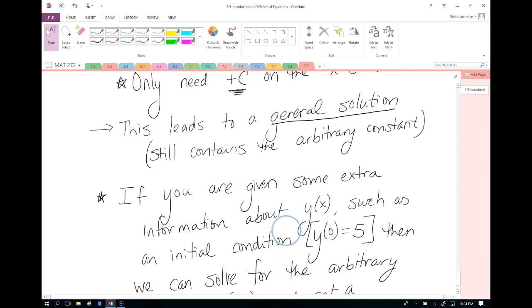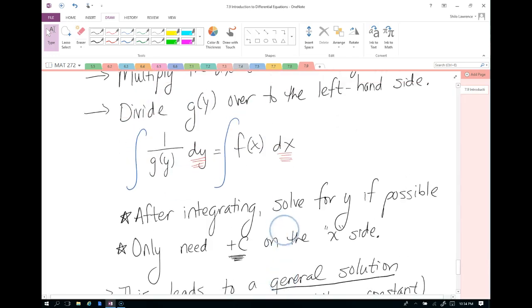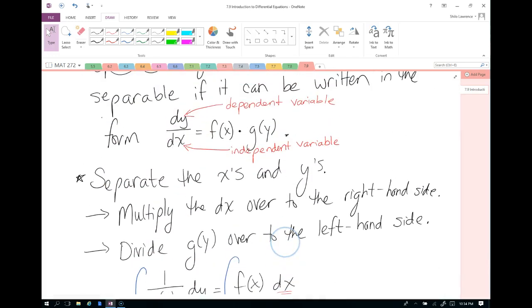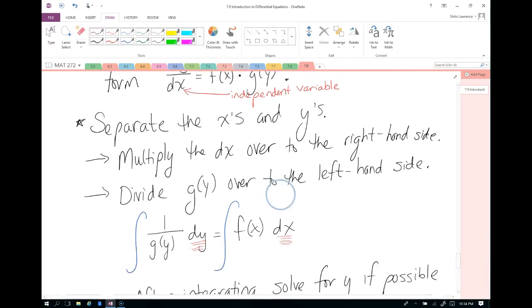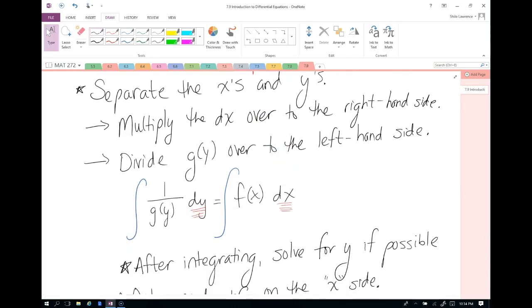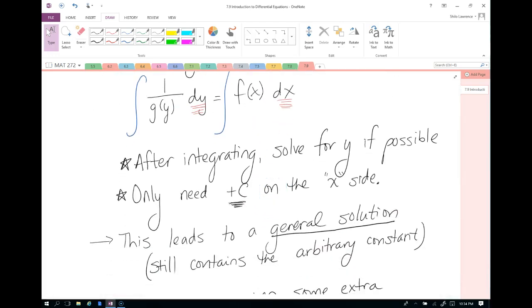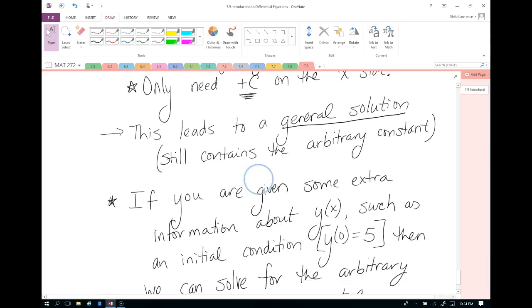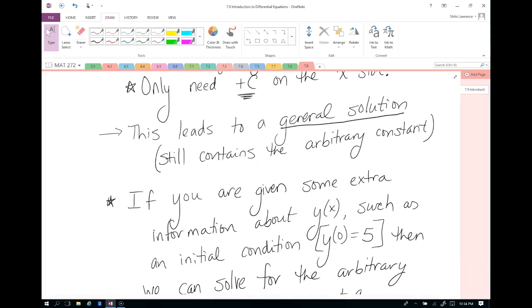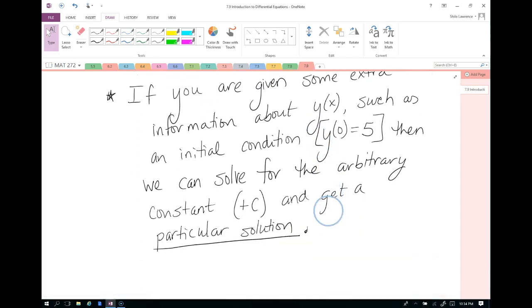But all the differential equations we're going to look at are going to be separable. They will all be separable. We will be able to write them in this format, dy dx equals f of x times g of y. We will be able to separate the y's to the left-hand side and the x's to the right-hand side, and then just solve by integrating. And then we just need to be careful of the instructions and see if they are asking for just a general solution where we can leave the plus c, or if they gave us some extra information about the function so that we can solve for the c and get a particular solution.